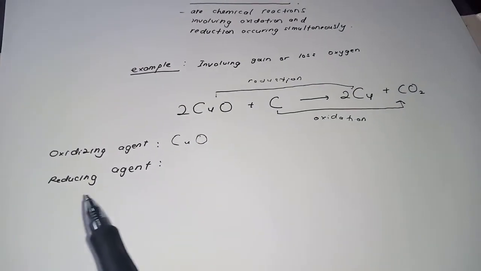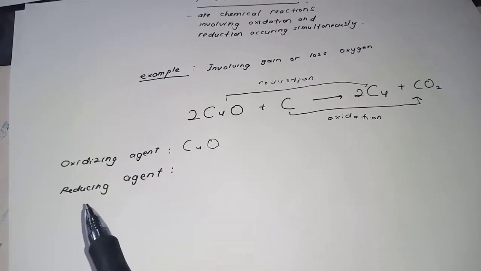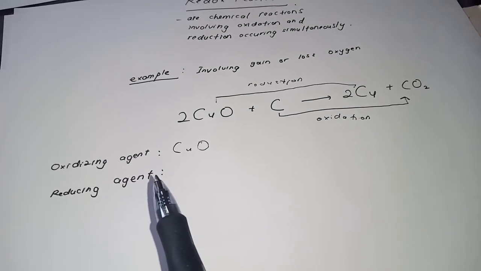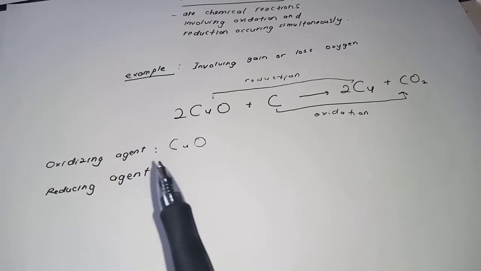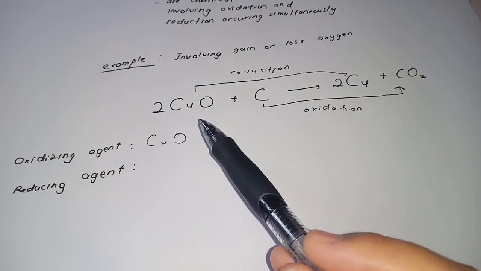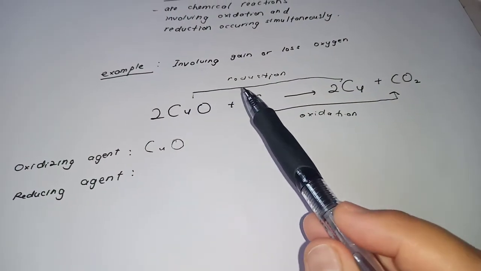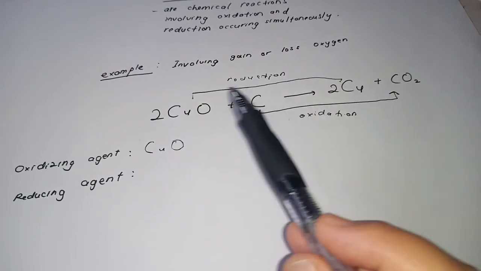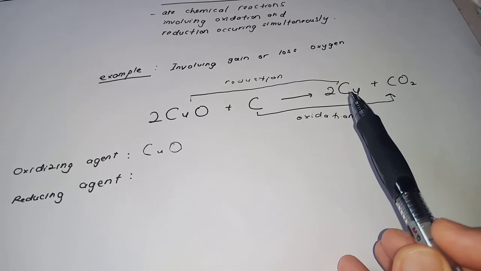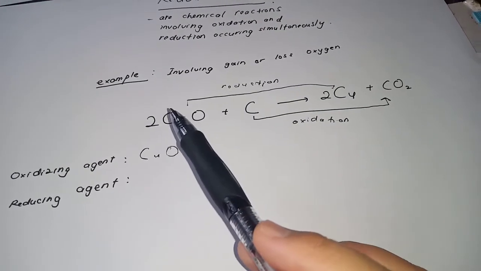And then reducing agent. Reducing agent means an agent that makes a substance undergo reduction. You can see that copper 2 oxide becomes copper, so it undergoes reduction. Why does it undergo reduction?